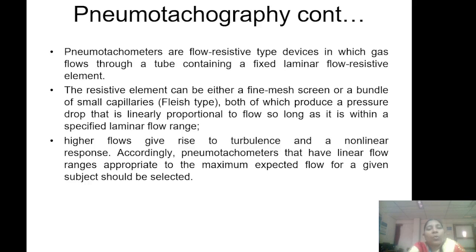A linear flow range appropriate to the maximum expected flow for a given subject should be selected. This device is used to record the movement of gases.